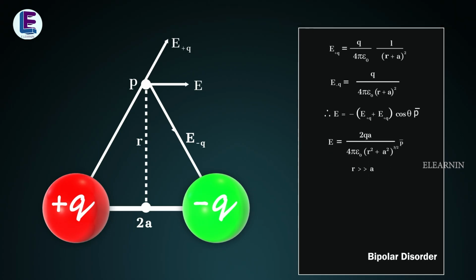If r is much, much greater than a, then E is equal to 2qa divided by 4 pi epsilon naught r cubed. E is equal to p divided by 4 pi epsilon naught r cubed. Here, 2qa into P bar is equal to p, the dipole moment.